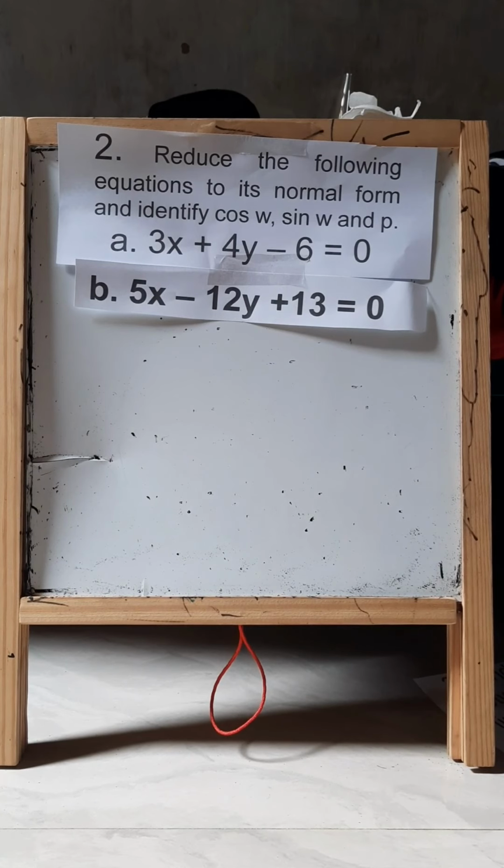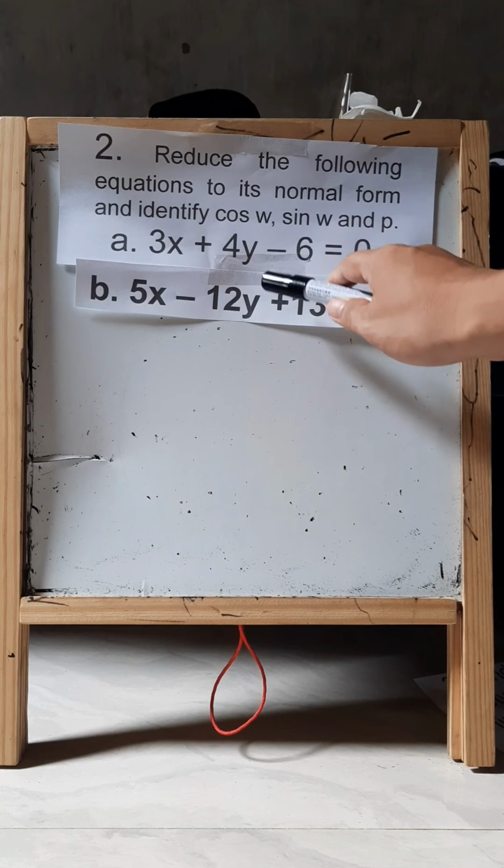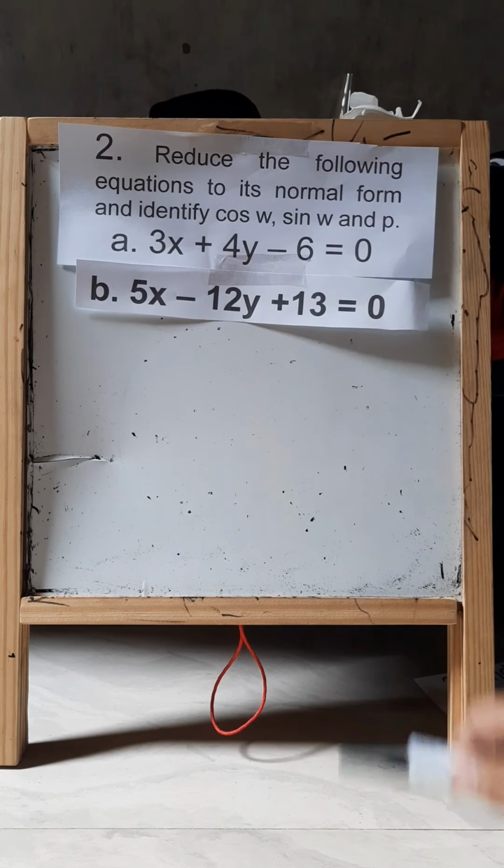Okay, we have here: reduce the following equations to their normal form and identify cosine w, sine w, and p. For a, 3x plus 4y minus 6 equals 0. For b, 5x minus 12y plus 13 equals 0. So a and b are both equations written in general form.